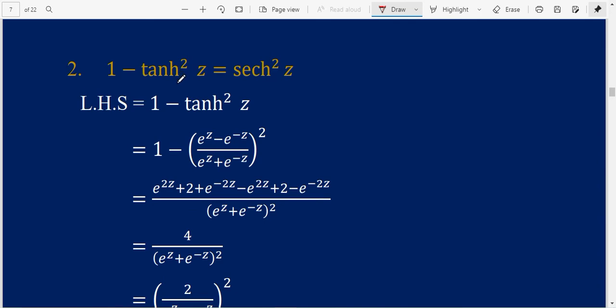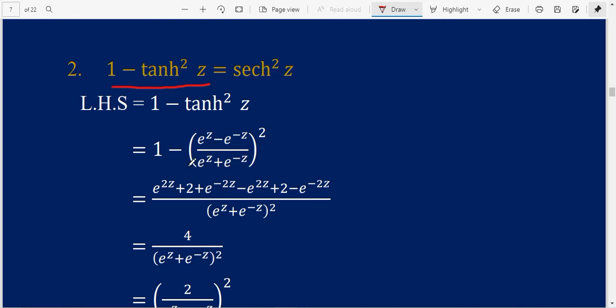1 minus tan hyperbolic square z is equal to sec hyperbolic square z. Left hand side: 1 minus tan hyperbolic square z. Put the value of tan hyperbolic z: e raised to z minus e raised to minus z upon e raised to z plus e raised to minus z.